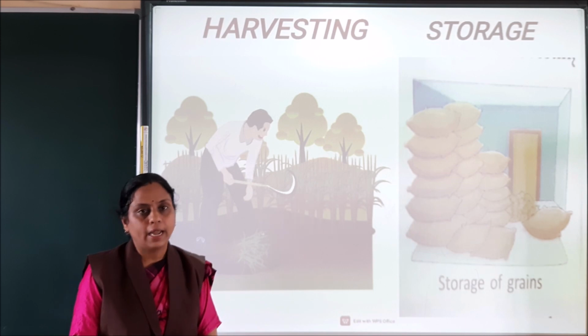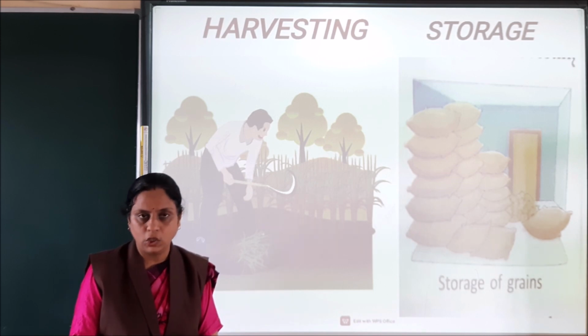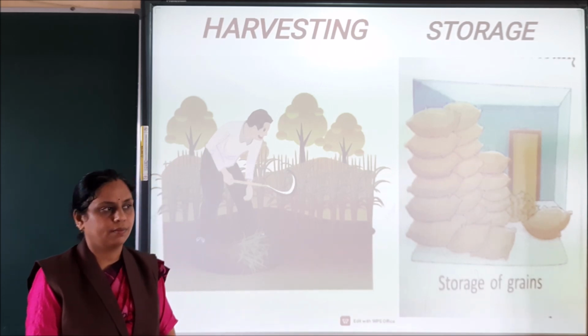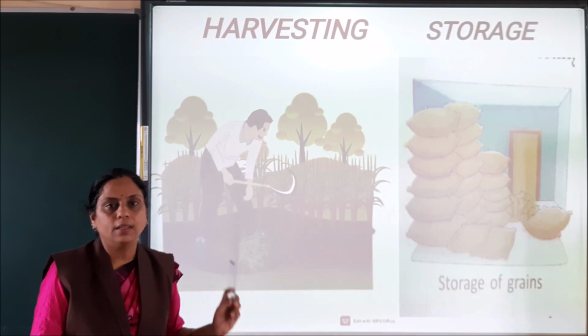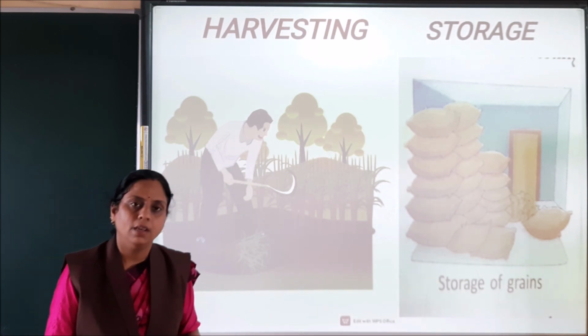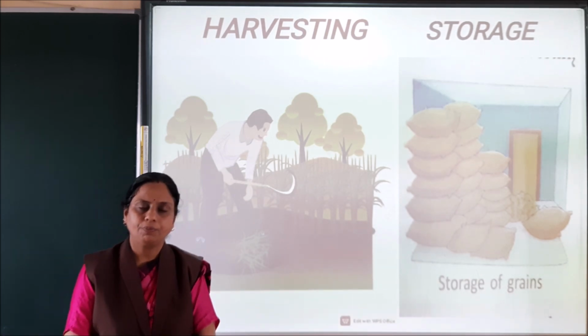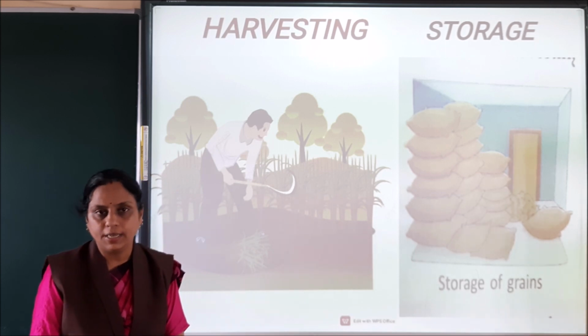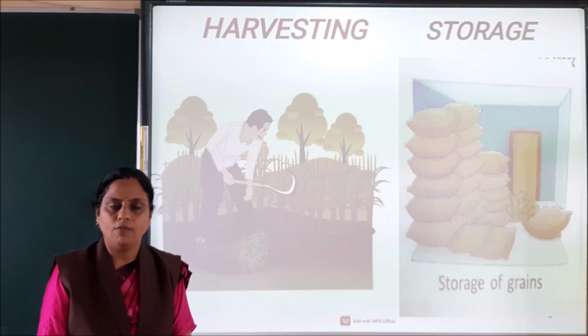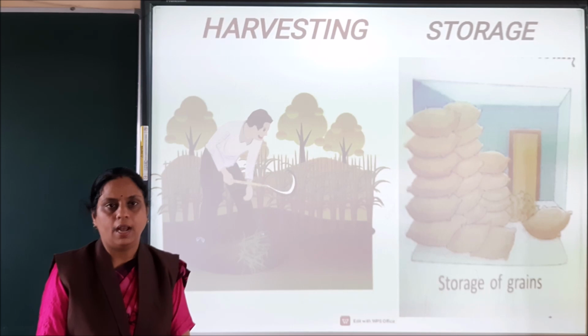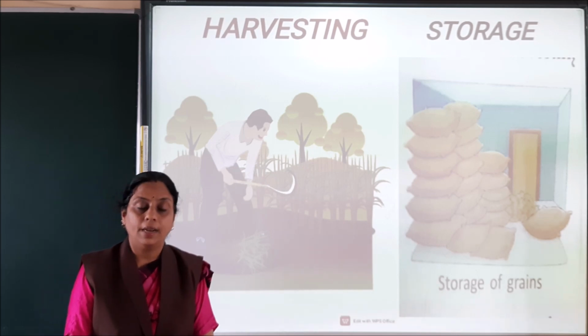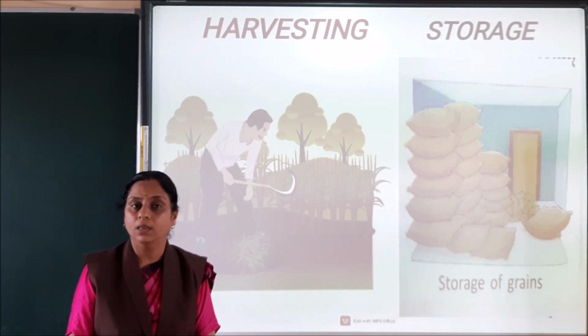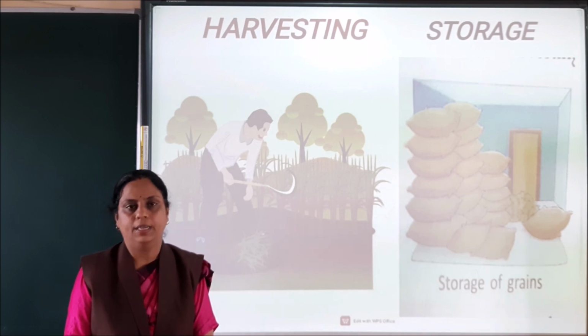So that they cannot be spoiled by moisture or eaten by rats and mice. So these are the various stages of growing crops, and the practice of growing crops on a large scale is called agriculture.